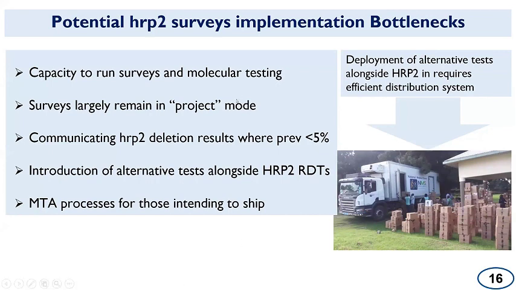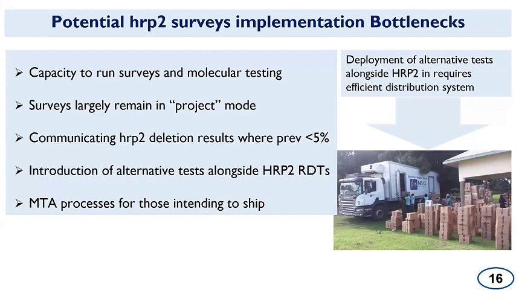But also in terms of communicating HRP2 deletion results, it's very challenging, especially in cases where you find you have deletions, but they are below the 5% cutoff. How do you communicate to clinicians that no, you are going to be missing parasites, but these are still below 5%? So this has a potential to revert to clinical diagnosis.